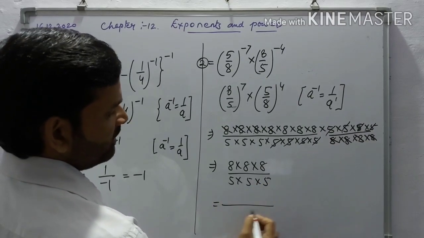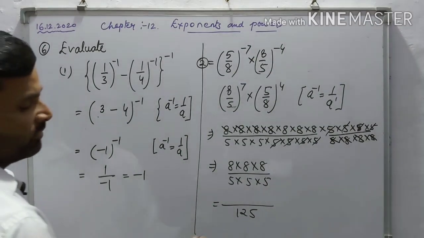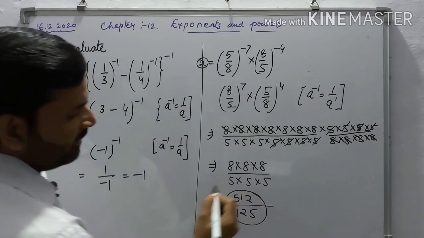Now 5 three times multiplied is 125, and 8 three times multiplied is 512. So this is the answer.